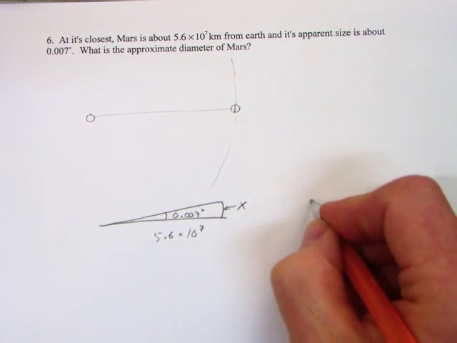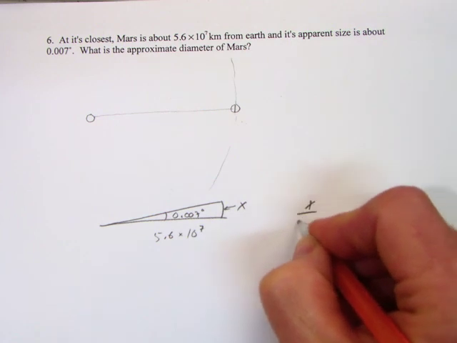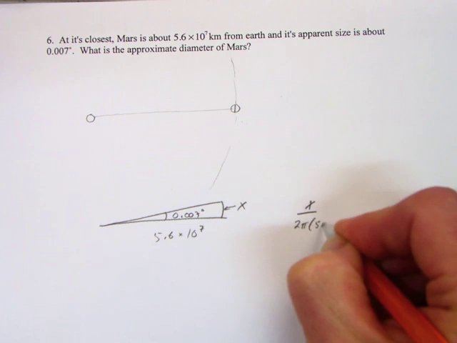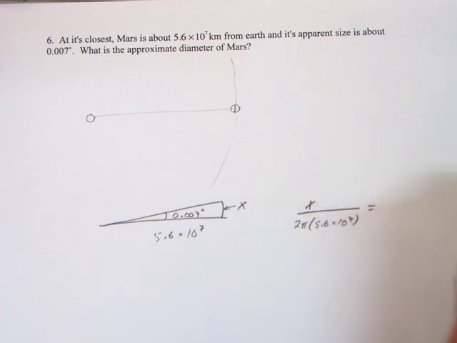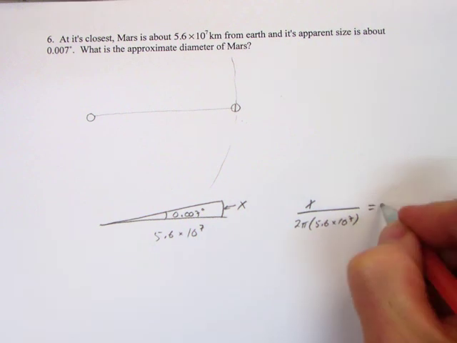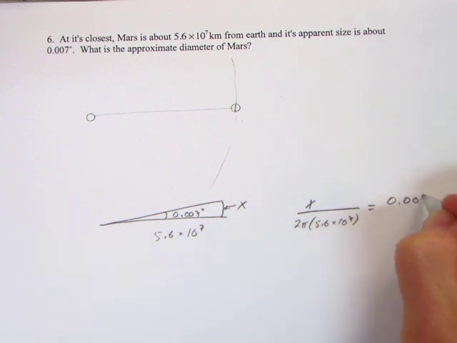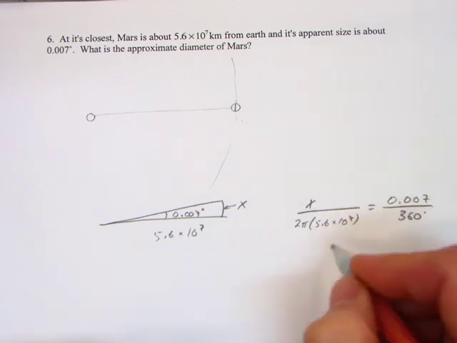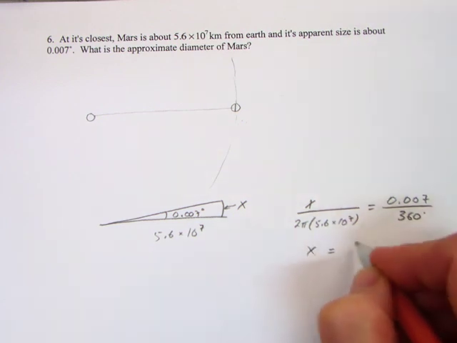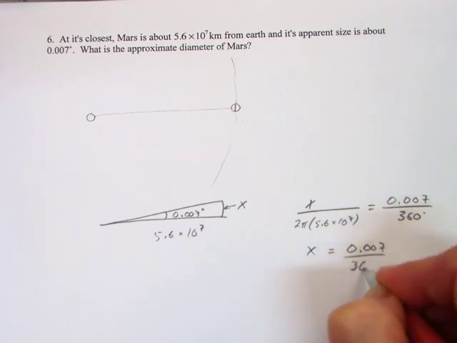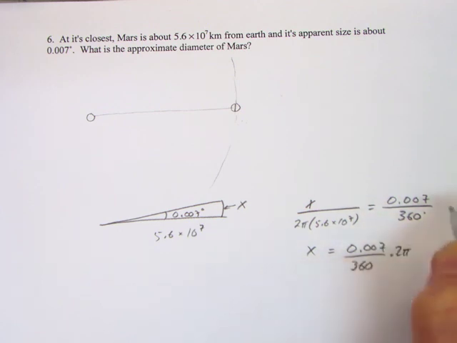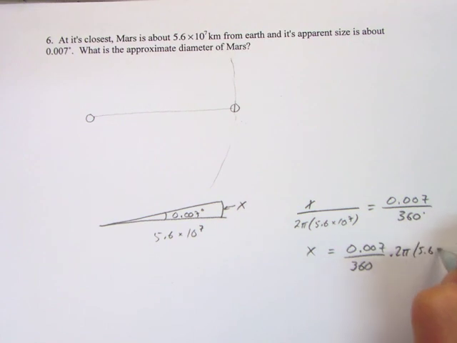Well, I can say x, my arc length, over 2 pi times 5.6 times 10 to the 7th equals 0.007 divided by 360 degrees. So we get x equals whatever that is, times 2 pi times 5.6 times 10 to the 7th.